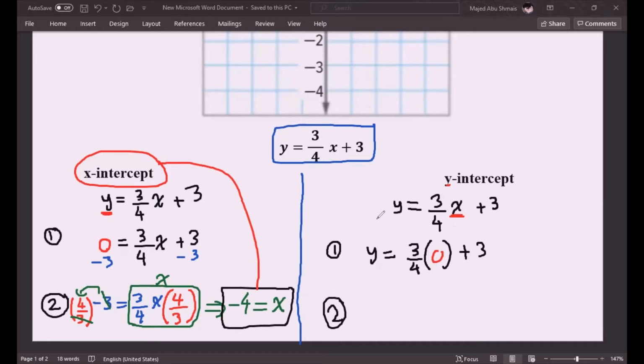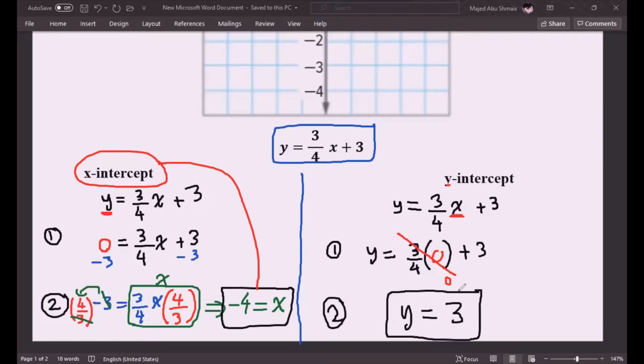It is a pretty simple equation, not like the previous one. Why? Because it is 3 over 4 times 0, and times 0 equals 0. So this term is 0. So we are only left with y equals how much? Exactly, 3. y equals 3.